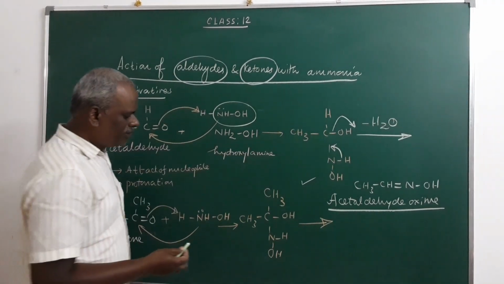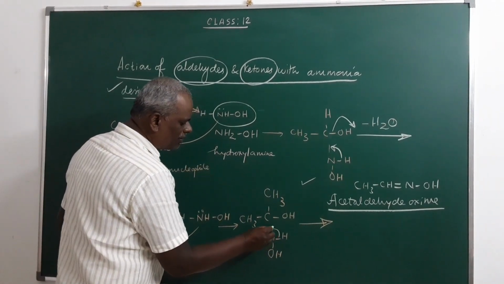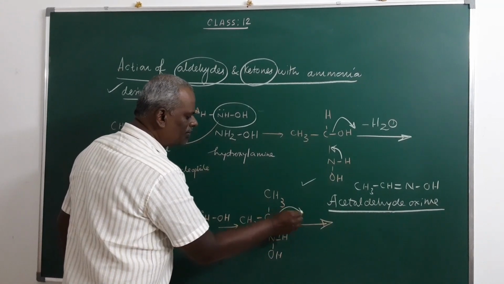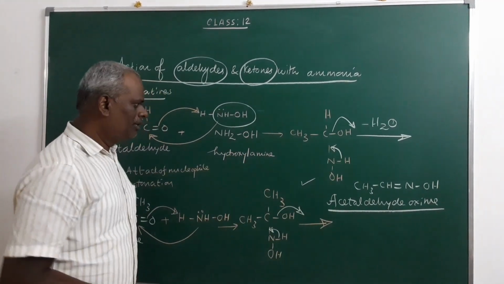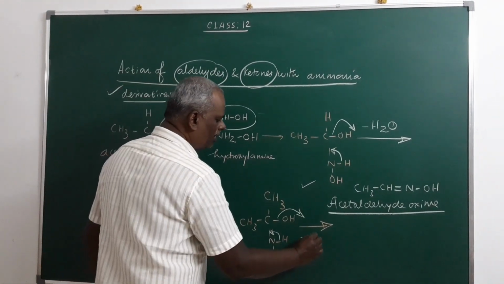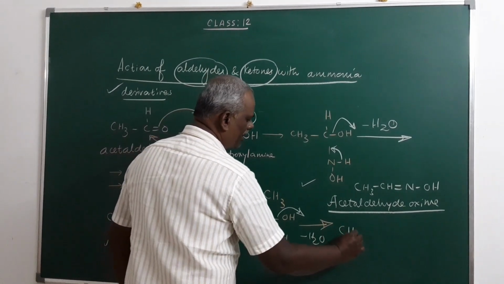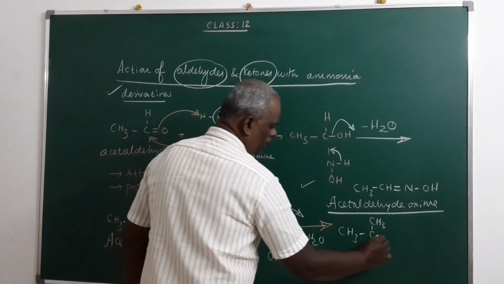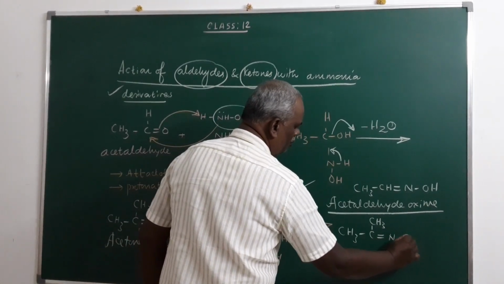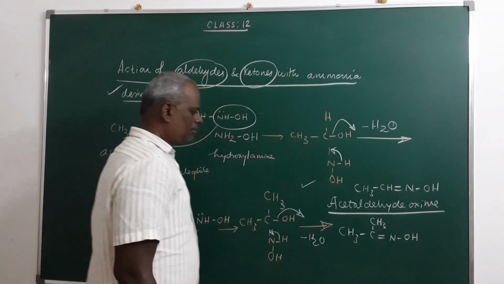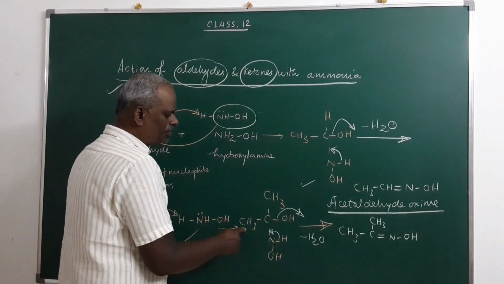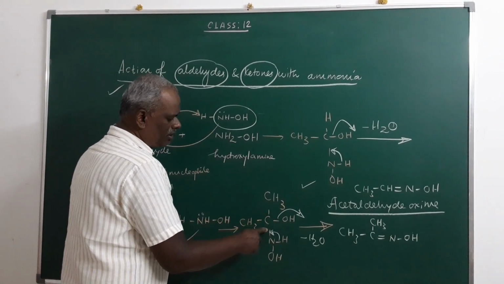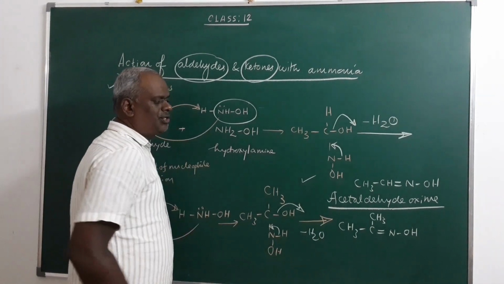The condensation takes place. The hydrogen is removed, and subsequently OH leaves as OH minus. So after the removal of water, we have the product CH3 C CH3 with a double bond to NOH.